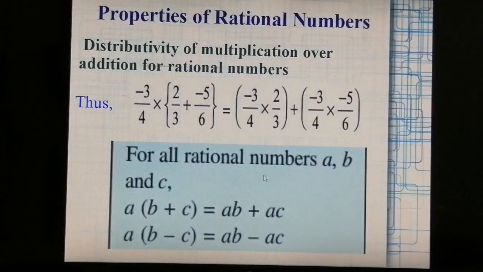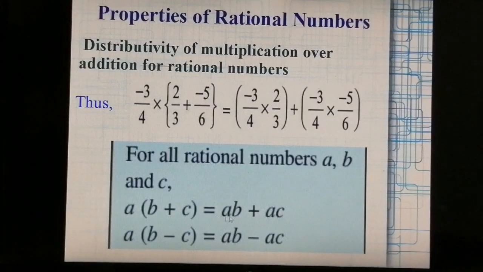So for all rational numbers a, b and c, a multiplied into the bracket b plus c is equal to a multiplied into b plus a multiplied into c. Here you can see there is no sign, and by convention we take it as a multiplication sign. We will assume that it is multiplied, and it is also distributed over subtraction.